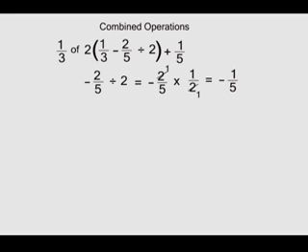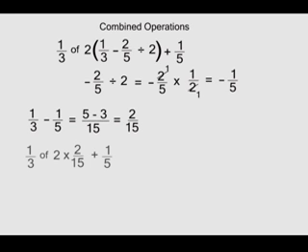Whether you put the negative sign in front of 1 or 5 or just in front of the entire fraction doesn't make any difference. We are not done with what is inside the brackets, so we shall move to subtraction. 1 over 3 minus 1 over 5 gives us 2 over 15.